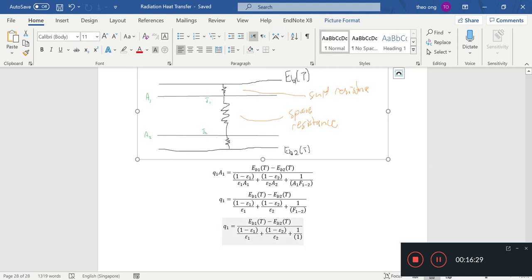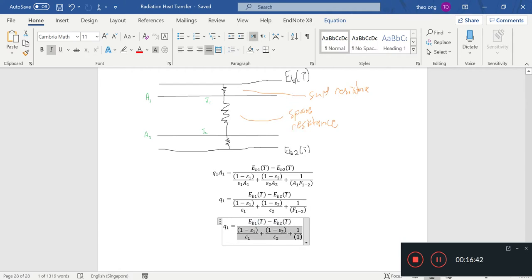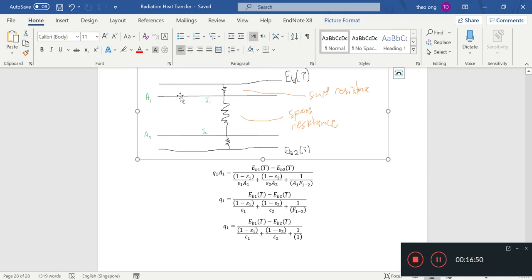So basically we have an equation describing the net heat flux between the two surfaces, S1 and S2, based on the black body temperature and of course the resistances here. Now you can see with this resistance analogy, we don't have to think about the reflection, because if A1 gives A2 some radiation, then A2 will reflect some of that radiation back to A1, and then you keep having reflection back and forth.